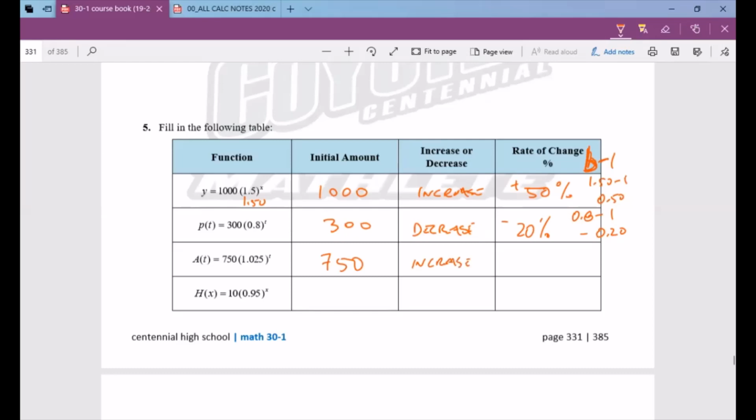This next function starts at 750 and is increasing because we have a b value of more than 1. If we take that 1.025 and subtract 1, we get positive 0.025. This is increasing 2.5%.